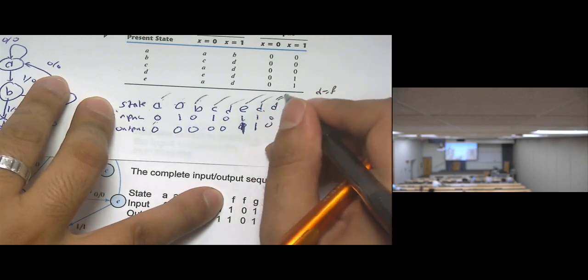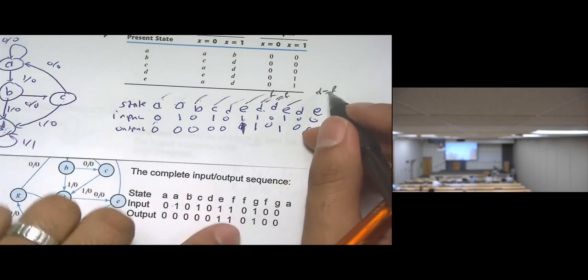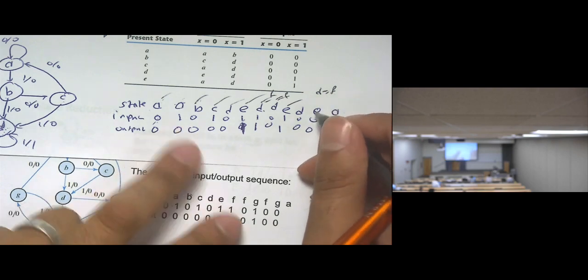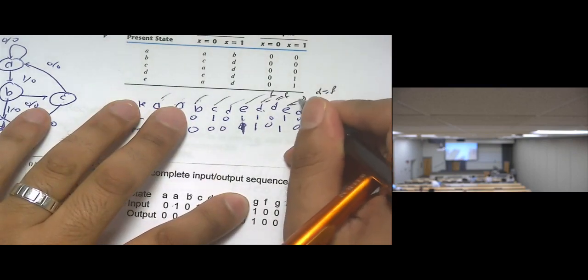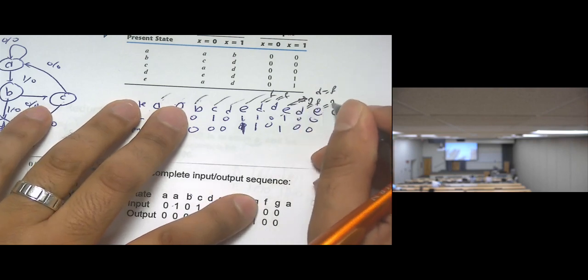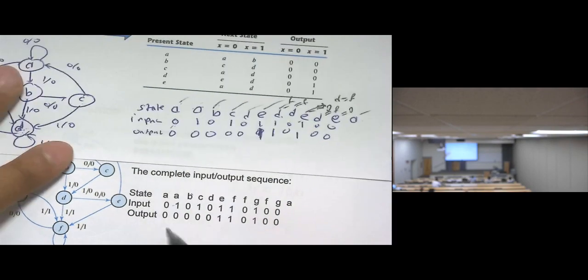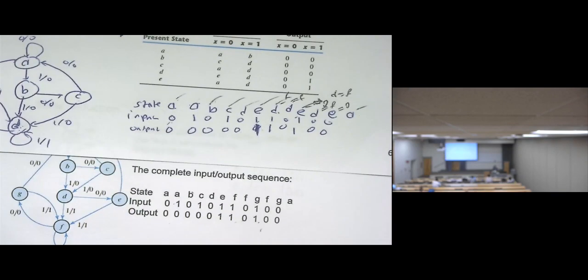So D equals F, and G equals E. This should be G. G equals E, D equals F, E equals G. Then A. Let's look at the outputs. 0, 0, 0, 0, 0. Then 1, 2, 3, 4, 5, 4, 5. Then two ones, two ones. Then 0, 1, 0, 1, 0, 0, 0, 0. Then they are the same, right?